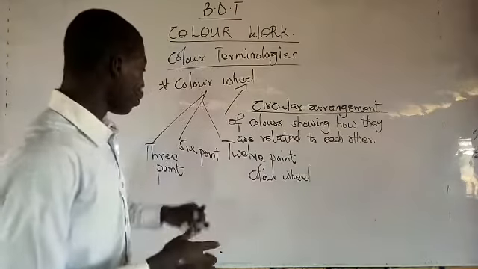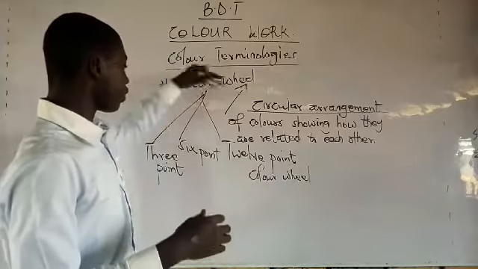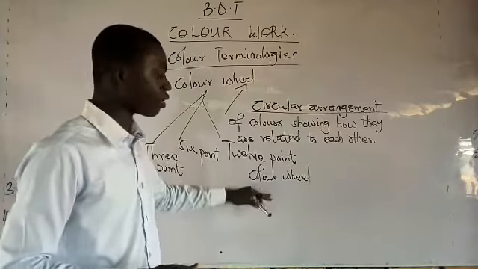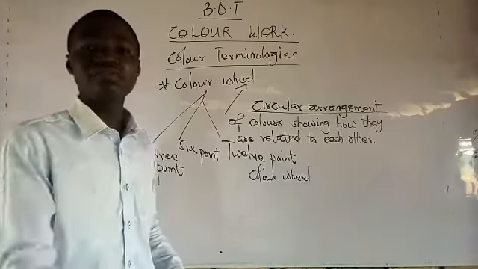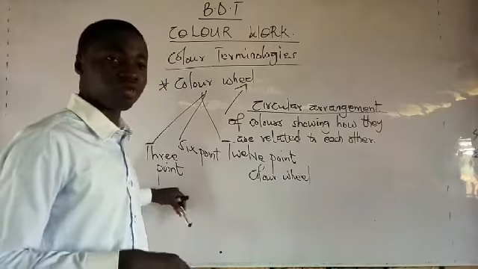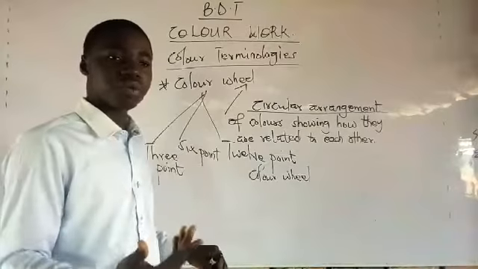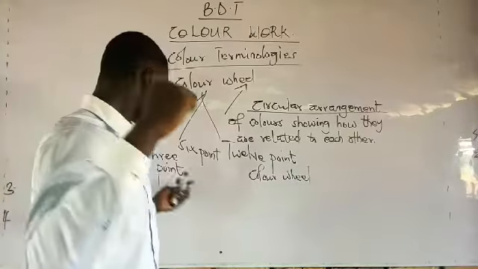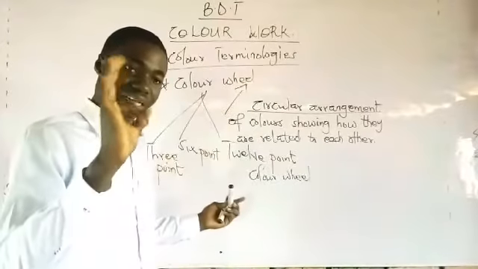They all have the same definition, but the only exception is the 3-point color wheel, which consists of the primary colors. Take note, in our previous lesson, we looked at the primary colors, that they are 3.